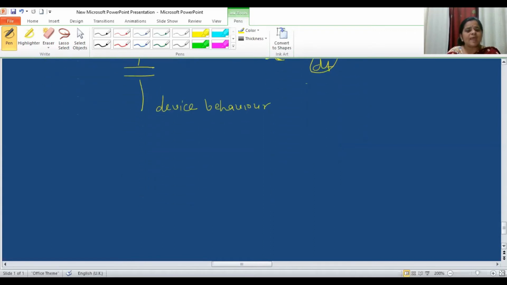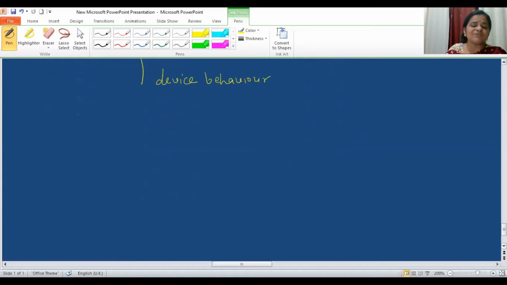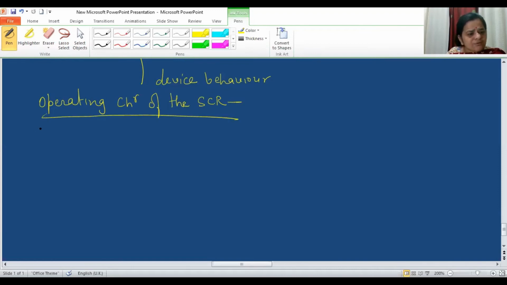So by applying any of these methods of turn on of SCR, we can make the device conducting. Now at last, I want to tell you the operating characteristic of the SCR. There are two kinds of operating characteristic of an SCR.